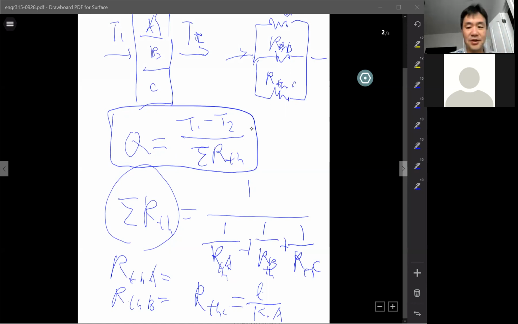Okay, let me turn to another page. Let me rewrite this equation here. Let's say we have a material, we have a conduction here, then we have a convection. This is a convection, let's say.